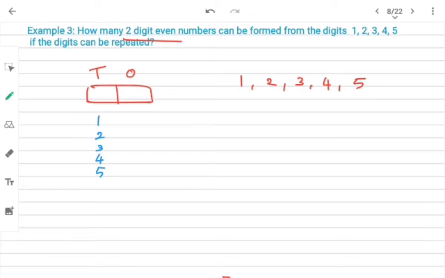So if it is an even number, the ones place should have either 2 or 4. So in ones place, I have only 2 options. So how many ways can we form a 2-digit number? 5 into 2 is 10. Therefore, the number of ways to form a 2-digit even number is 10 ways.